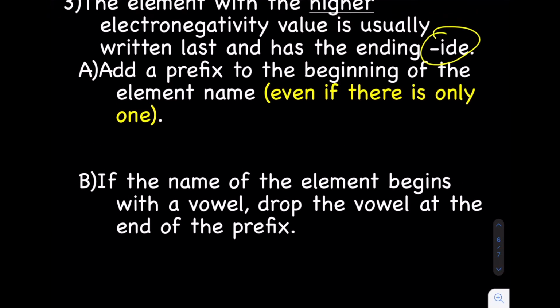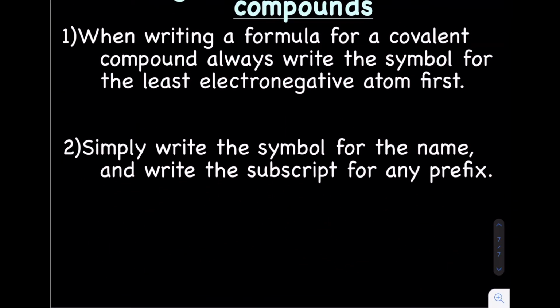So what do I mean by that? We're going to be dropping endings and adding IDE. Let's talk about these dropped endings. That can be a little confusing. So let's write down here some dropped endings.